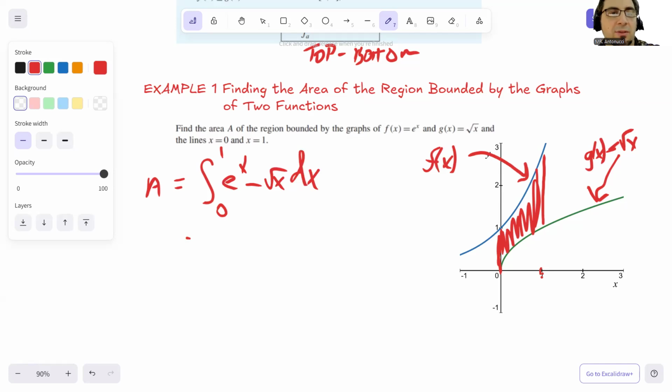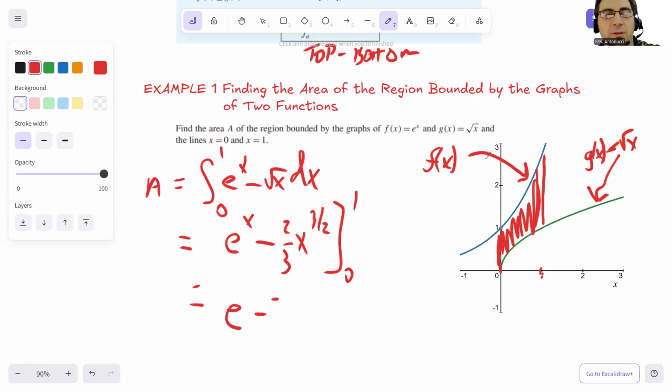We could anti-differentiate those. That'd be e to the x minus x to the 3/2 times 2/3, plugging in 1 and 0 and subtracting. So if you plug in 1, you would have e minus 2/3. And if you plug in 0, you would have minus 1. So this is going to be e minus 5/3.